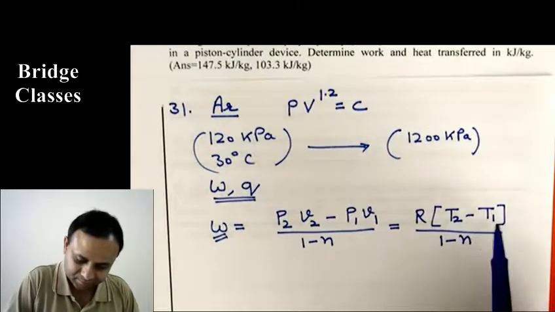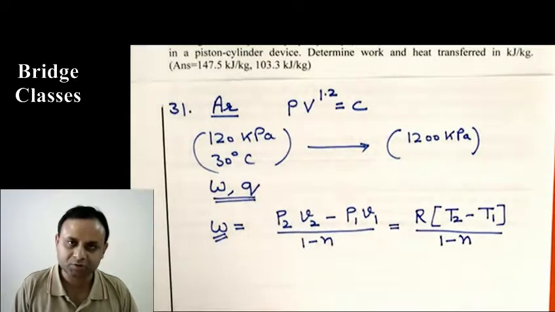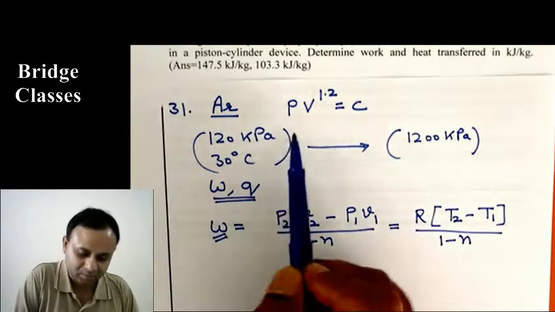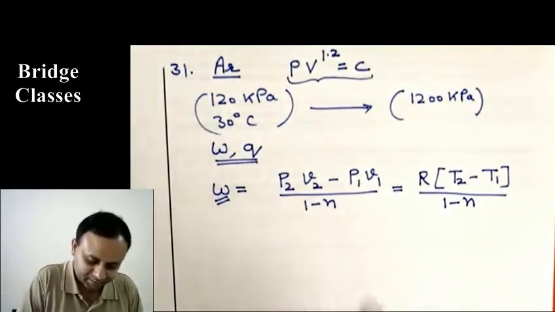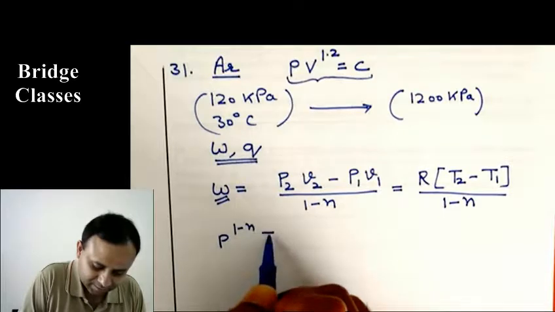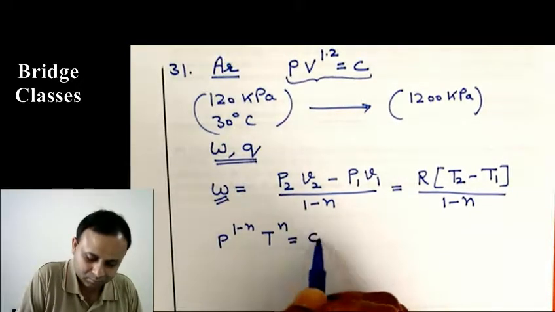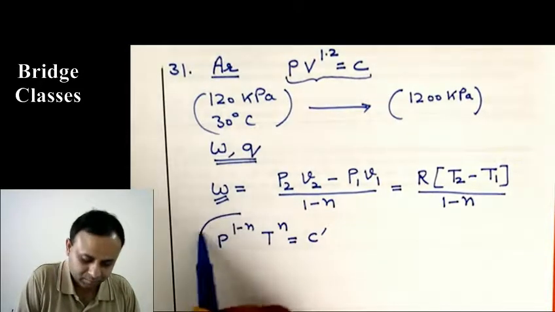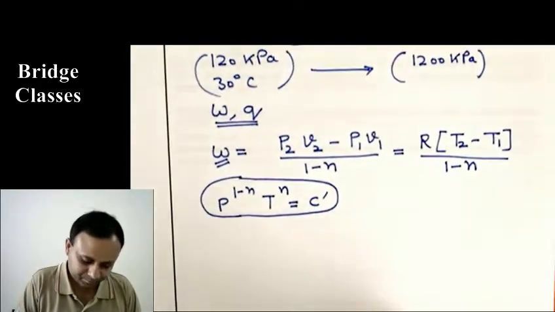T1 is given. We need to determine T2, and it's a polytropic process. So it's an ideal gas, and this equation is identical to P to the 1 minus n, T to the n is constant. Because it is polytropic and ideal gas, we can use this one.